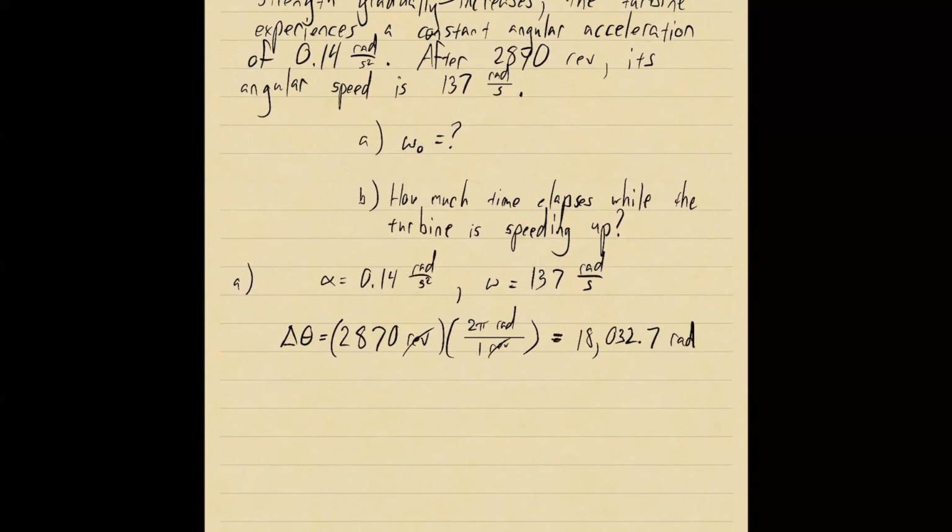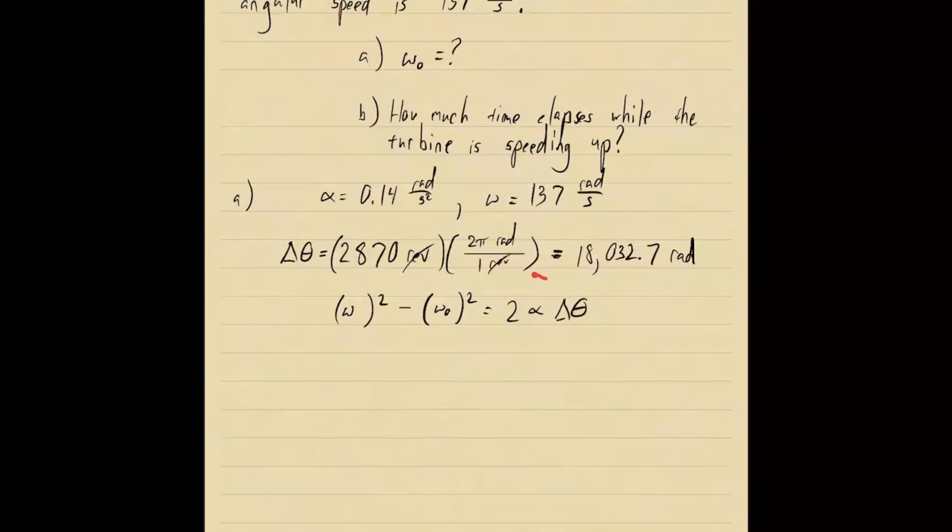So now we want to find our initial angular velocity for our wind turbine. And so if we use equation 4, right, equation 4 says that our final angular velocity squared minus our initial angular velocity squared is equal to 2 times our angular acceleration times our angular displacement, right?